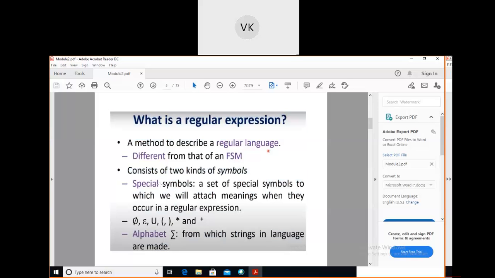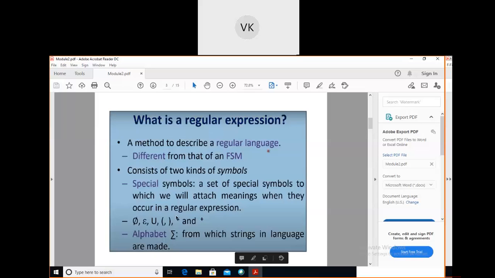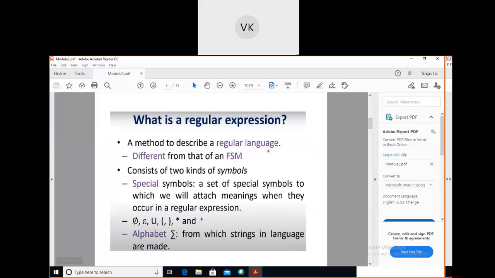What are the symbols? Null language, empty string epsilon, union, opening and closing parentheses, and star.